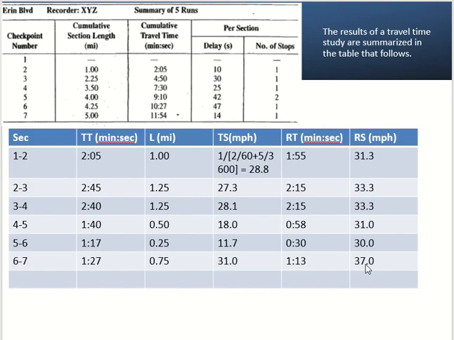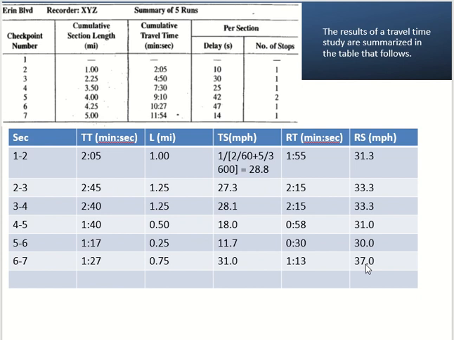How many samples do I have? How many values? Simple. 6 values, right? Each column has 6 values. So n is 6.